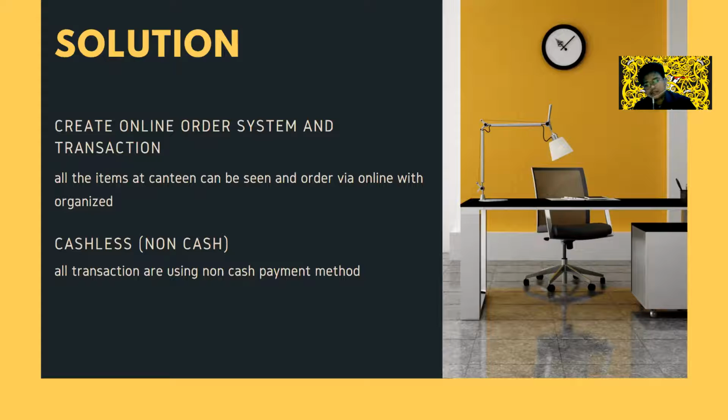And then the second is we make it cashless, or non-cash. So all the transactions use a non-cash payment method, with points obtained by the user topping up into the canteen.